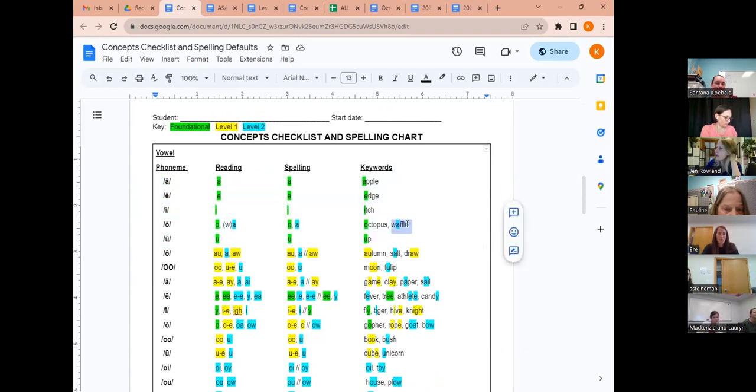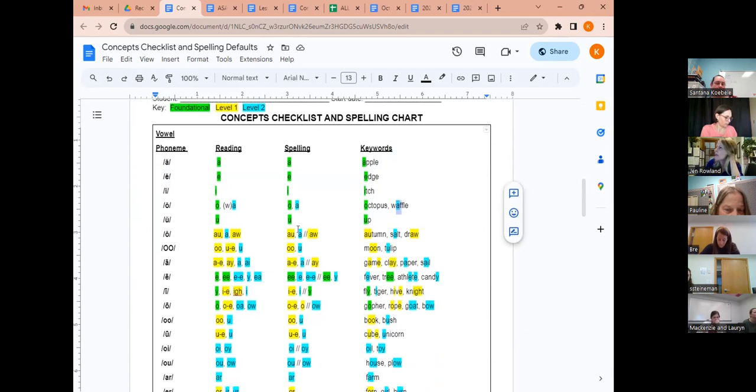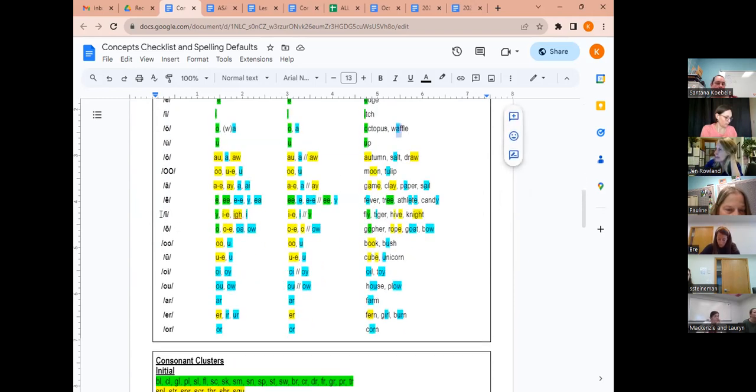You have not introduced waffle yet. An A after a W also makes a sound off. That comes quite a bit later. You can see it's highlighted in blue, which is a level 2 concept. But let's go down to those long vowel sounds. Today, what we're talking about is the sound I being written as Y. So the second column here, this is reading. For reading, we're introducing Y making the sound I like fly.